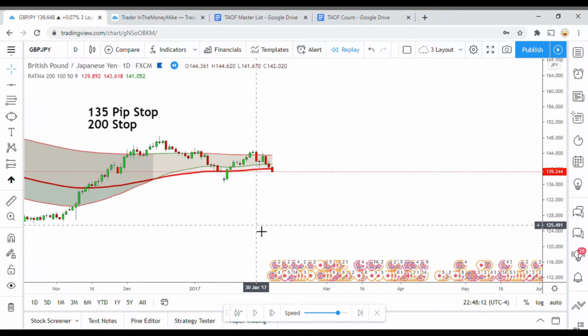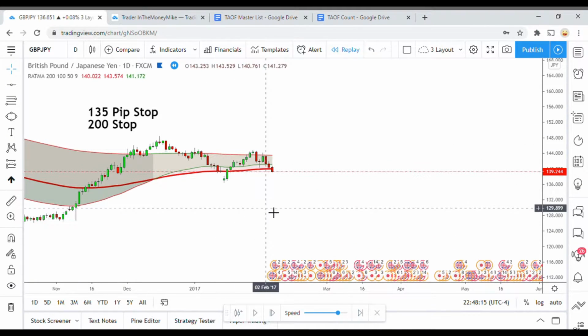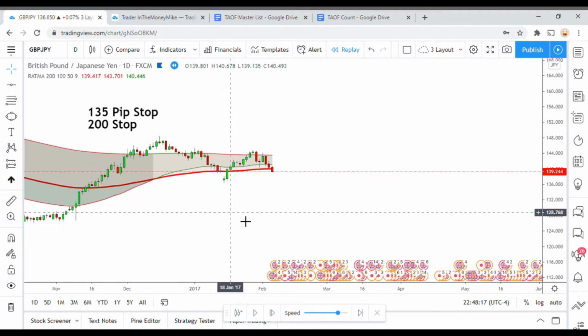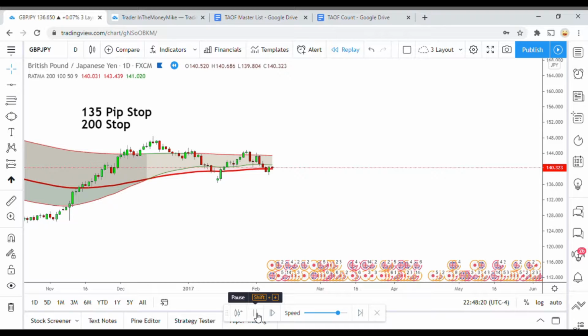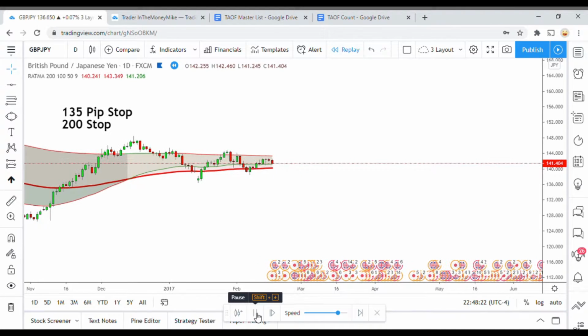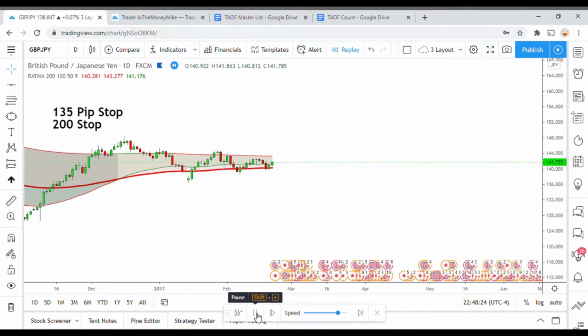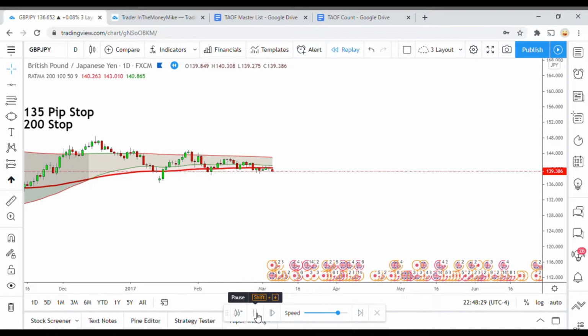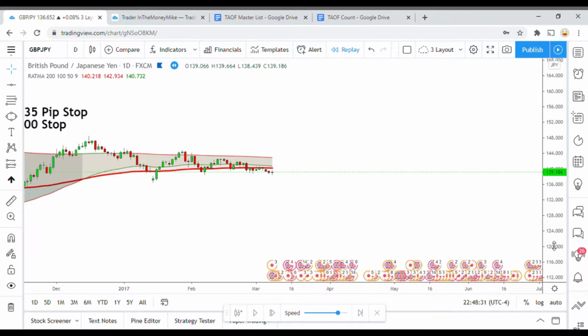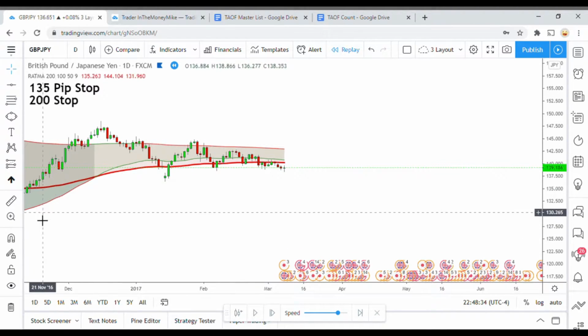If an indicator's only giving us one or two signals in an entire year, it's just not really going to work out for us. But I'm not sure exactly how many signals this one gives, so let's play it forward here and see what we can get out of it.